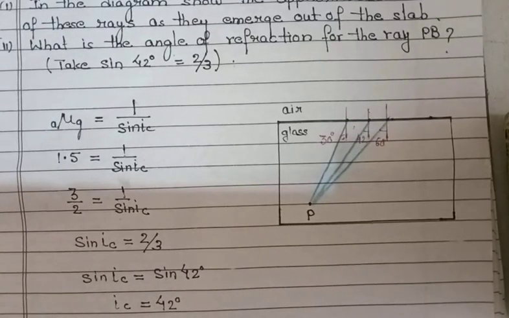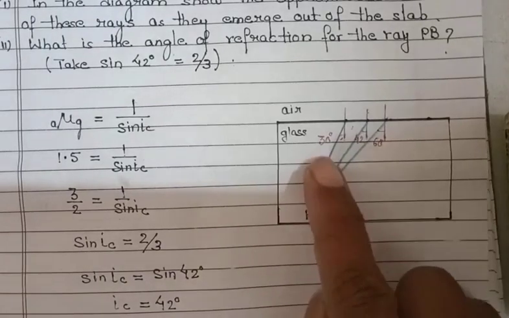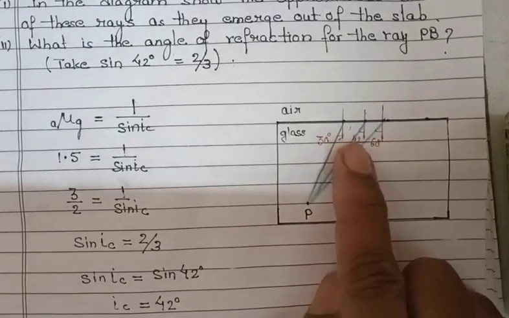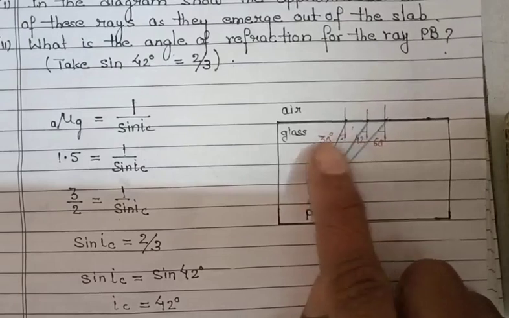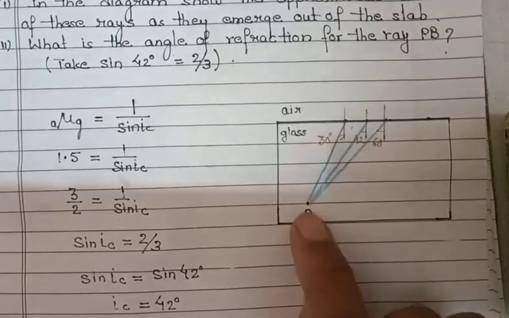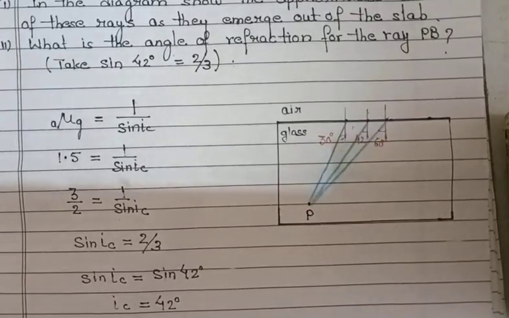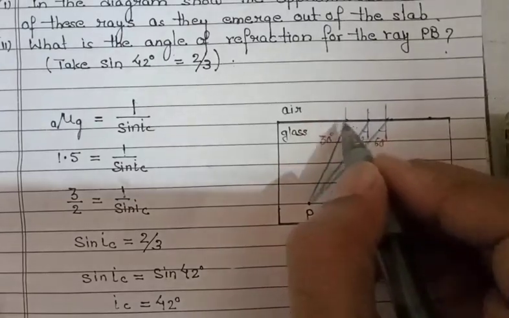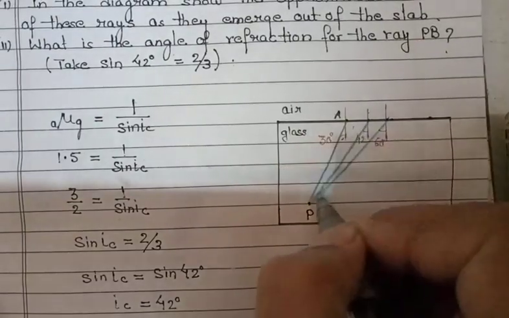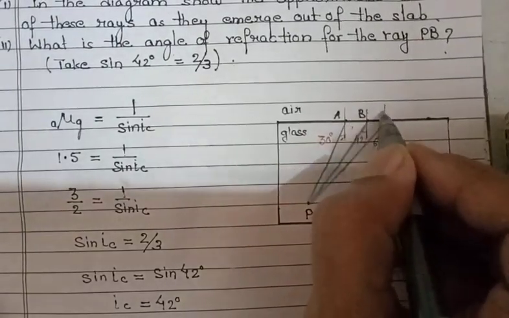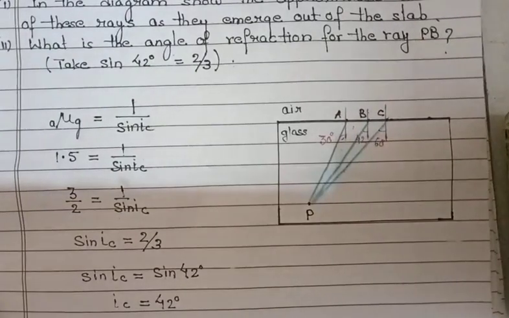Now after getting the critical angle, you compare angle of incidence for these three rays. The first ray was named PA, the second one was PB, and the third one was PC.